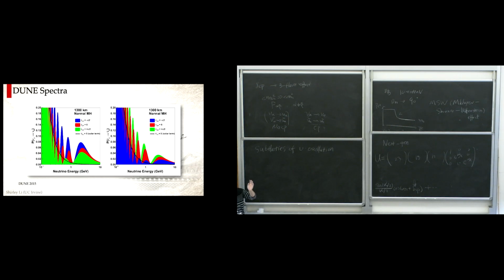Do neutrinos from Z decay oscillate, etc.? I'll just focus on one, because that one I know best and it's easy to explain, which is neutrino decoherence. Coherence. So what is this thing?